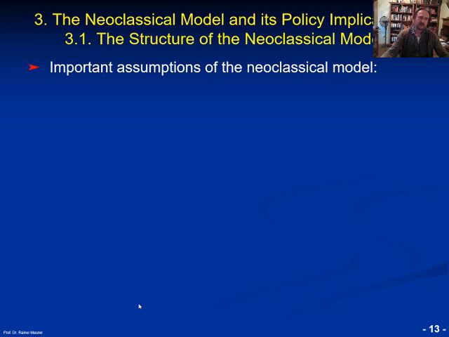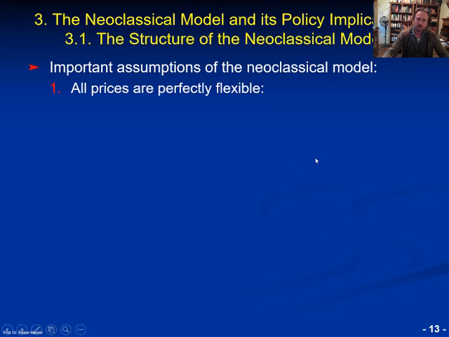To do this, we have to develop a model that has a little bit more formal structure. The standard textbook version of the neoclassical theory is based on a couple of important assumptions. And before we develop this model, I would like to explain these assumptions.